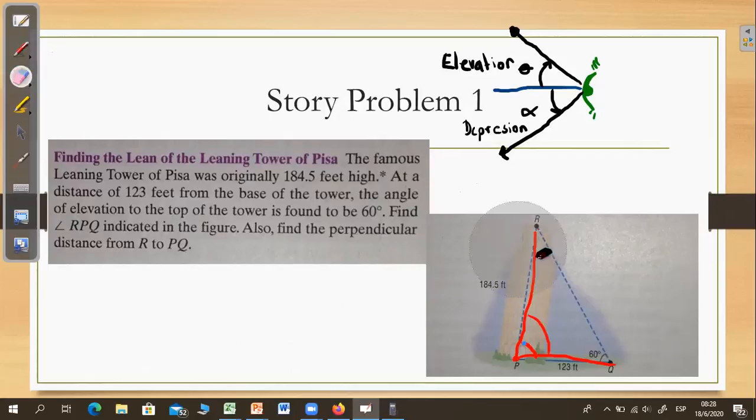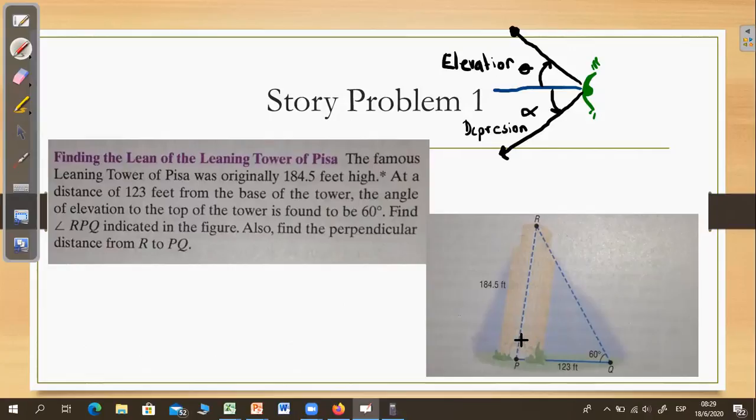So always when you have expressions like this one, consider the letter that is in between. The letter that is in between is telling you practically what the angle is. We can call that one angle P, of course easier, or we can call it angle QPR. Two or three ways to name it.